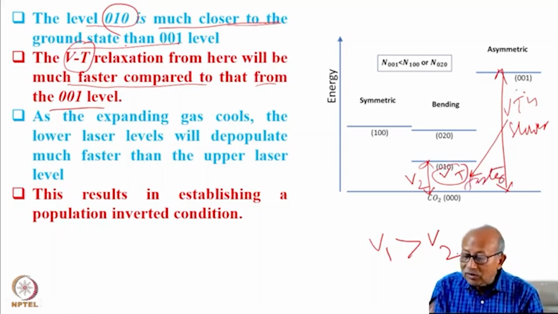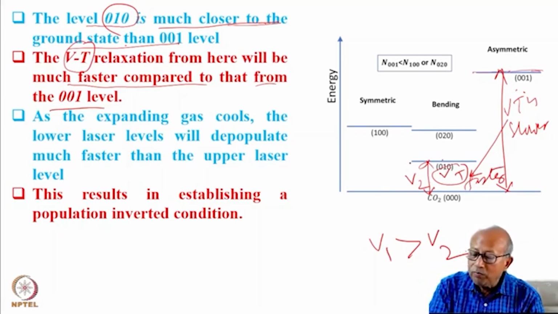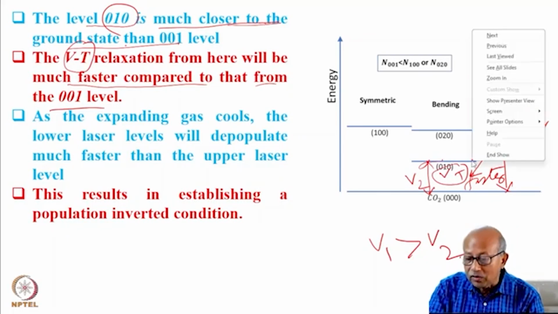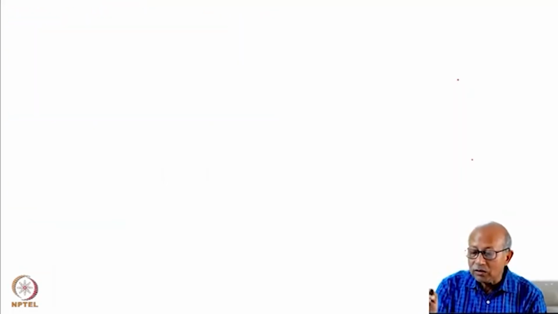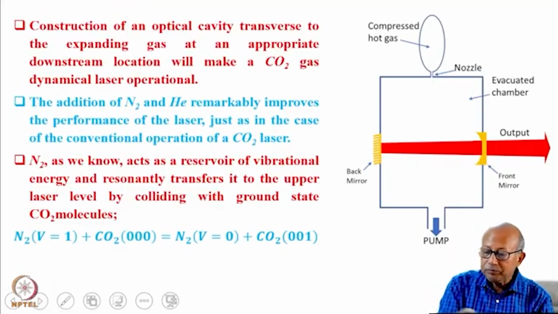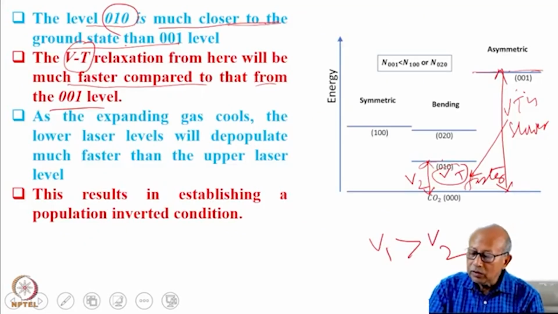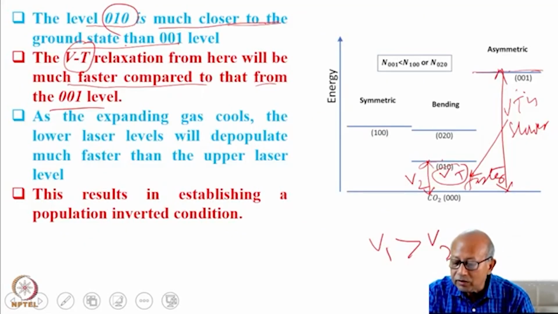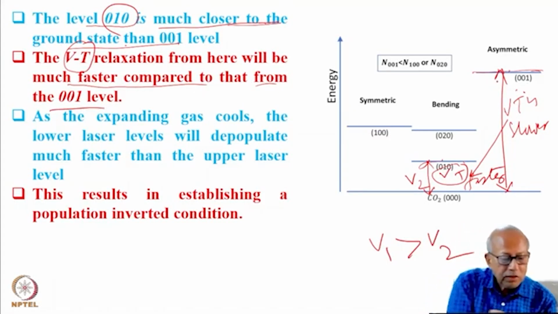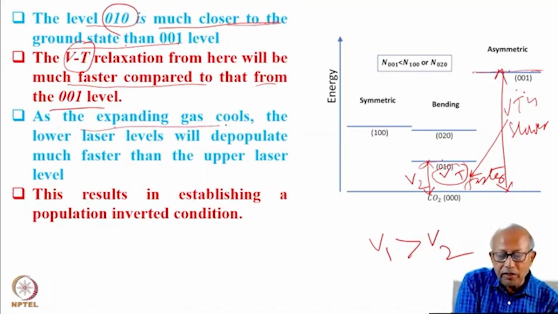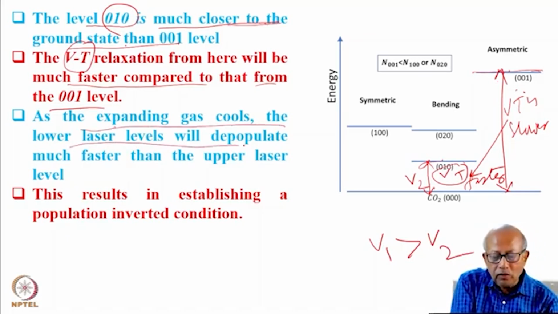So then what does it say? If it relaxes slower than faster, that means there can be a situation of population inversion. This can result at some time during this relaxation process, creating a population inversion between this state and this state. So as the expanding gas cools, the lower laser level will depopulate much faster than the upper laser level.